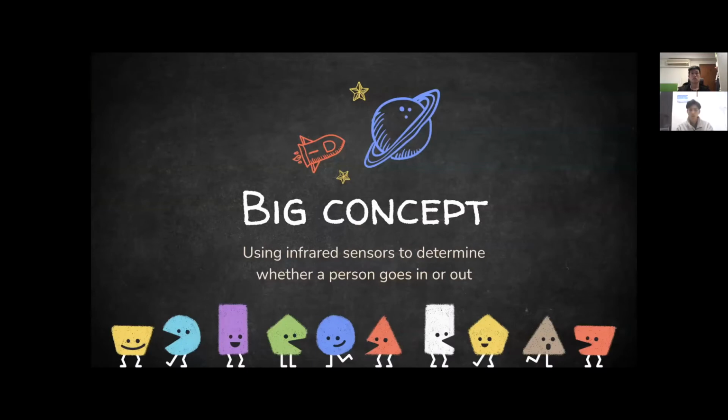One is the living room, and the other is another room. In these rooms, we use infrared sensors to determine whether a person goes into the room or goes out. So this is the big concept of our lighting control.